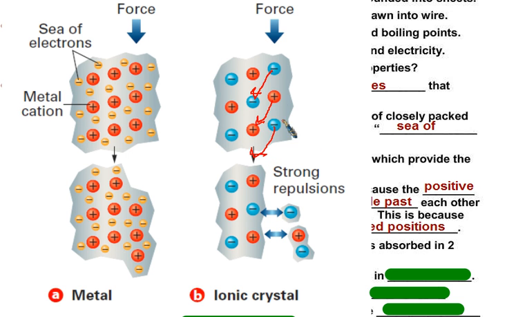And when they get close, there's a very strong repulsion between the like charges, and that causes the ionic crystal to shatter. So metals have the ability to pass by each other without losing their integrity, whereas if you do this to an ionic compound, it shatters, and that's why we have the ability to deal with metals like this.